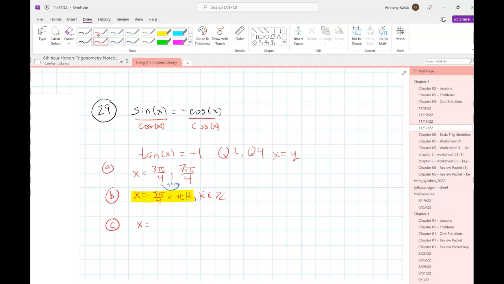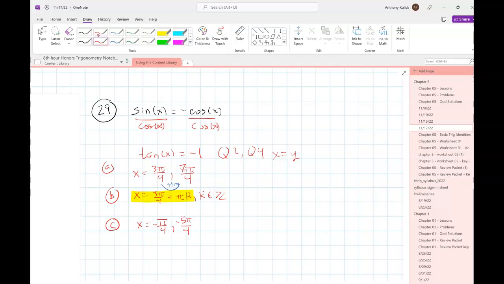That's going to give me a negative answer of negative pi over 4. That's good. If k is -2, I'm going to have 3 pi over 4 minus 2 pi, which is negative 5 pi over 4. That's still in between negative 2 pi and positive 2 pi.